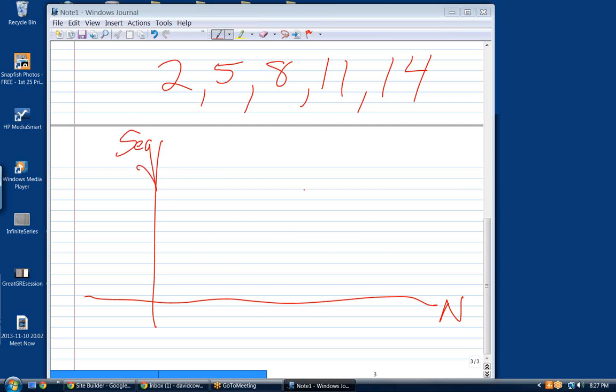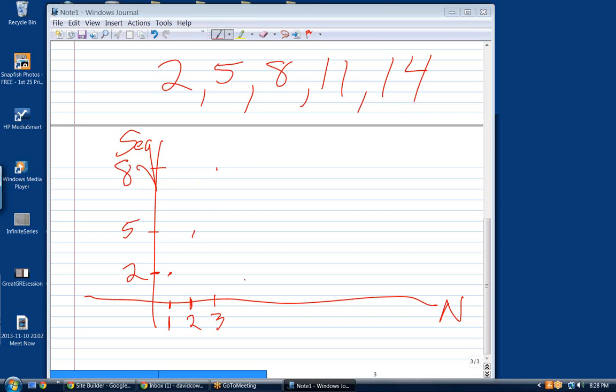Here, we'll do this sequence that I've got at the top here. When n is 1, the sequence term is 2. When n is 2, the second term is 5. When n is 3, the third term is 8, and so forth.